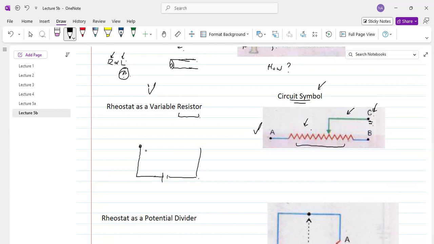So, an A terminal, here is the resistance symbol, here is the B terminal, and this shows the sliding contact, and here is the C terminal.